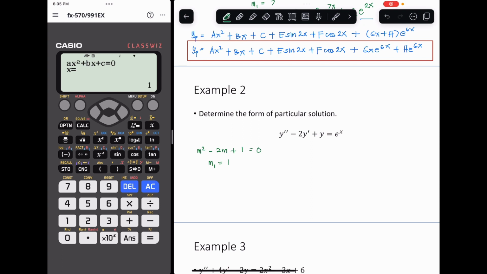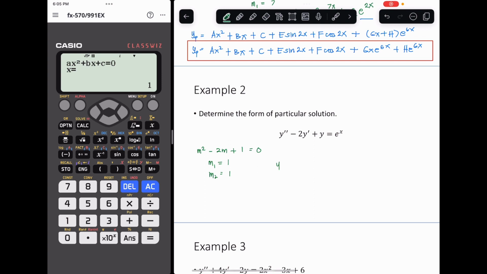For this particular calculator, or most calculators, it won't show repeated roots. Since this is quadratic, we are expecting that there are 2 roots. So if only 1 root was shown, it is automatic that the second root is the same as the first root. That is why our m2 is 1 as well.